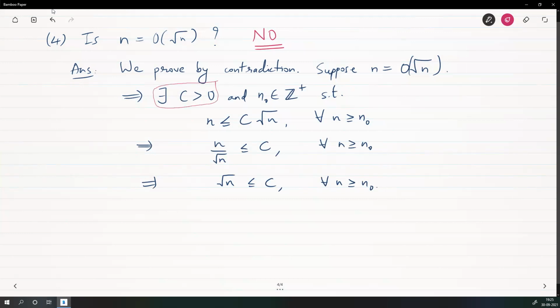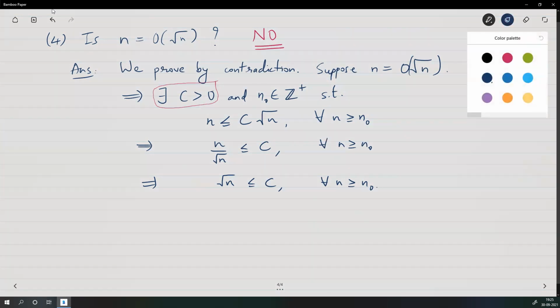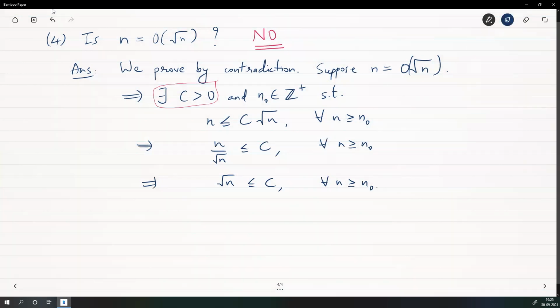You cannot change it now. It's only one choice, and for this choice of c, everything goes through. Correct? But then that's not correct, because it's like saying square root n is less than or equal to 5 for all n greater than or equal to 10. That's not going to be true.